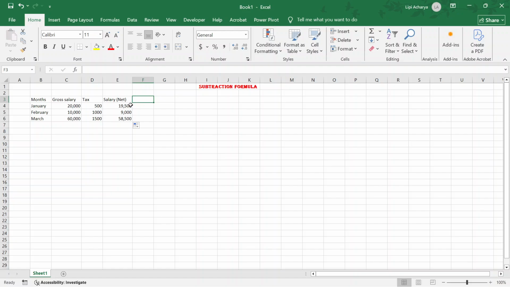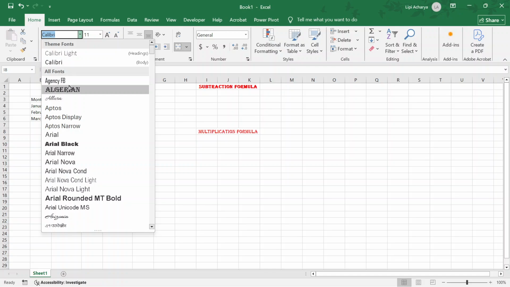Now if you want to know how to get a multiplication formula, then there is also a solution. Multiplication formula. Like the subtraction formula, I came to the multiplication formula, merge and center this one.